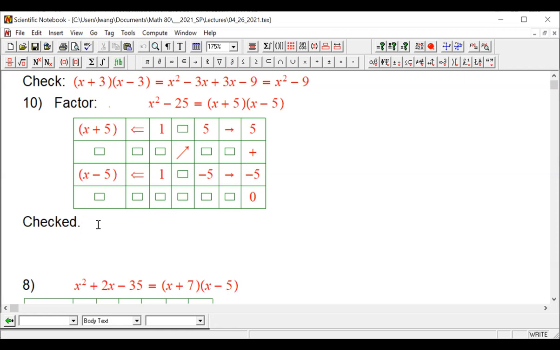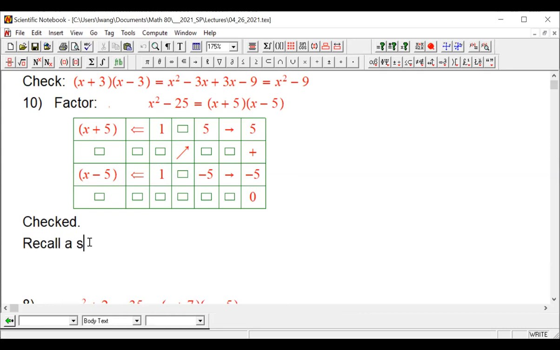So now I wish to take you guys to recall a special formula. And this special formula is actually a difference of squares, okay? a squared minus b squared.